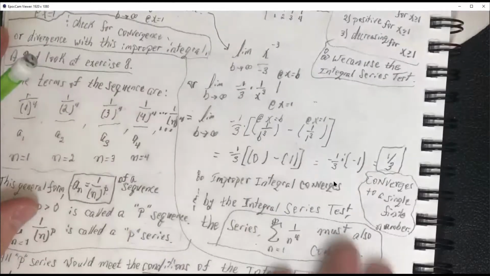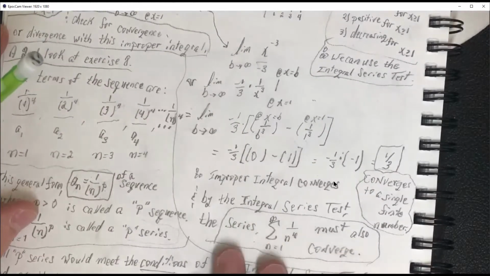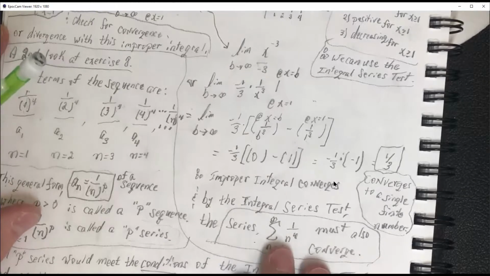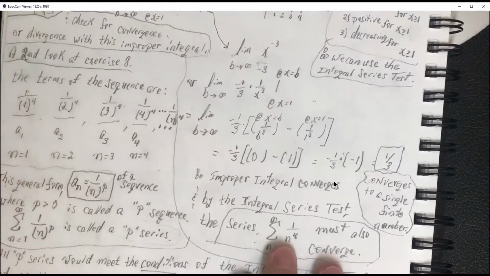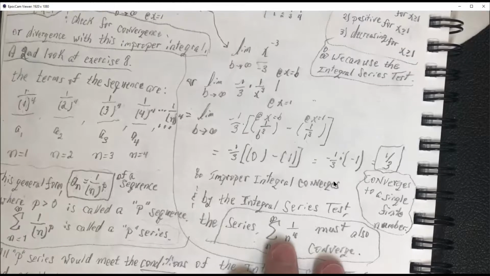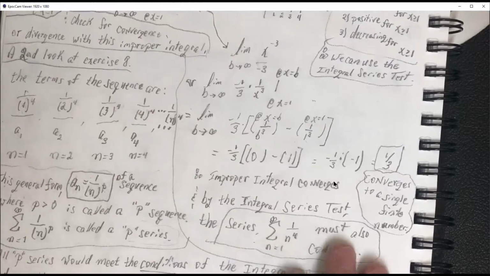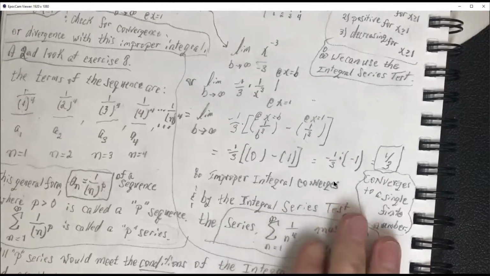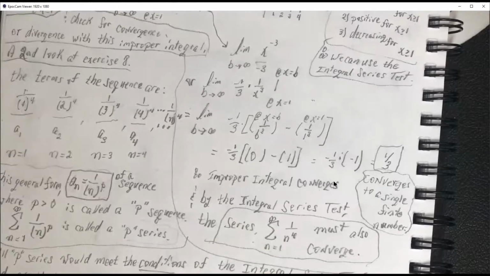That's what all this work was. By the integral series test, adding all the terms of this sequence, the series does converge because the improper integral converged.